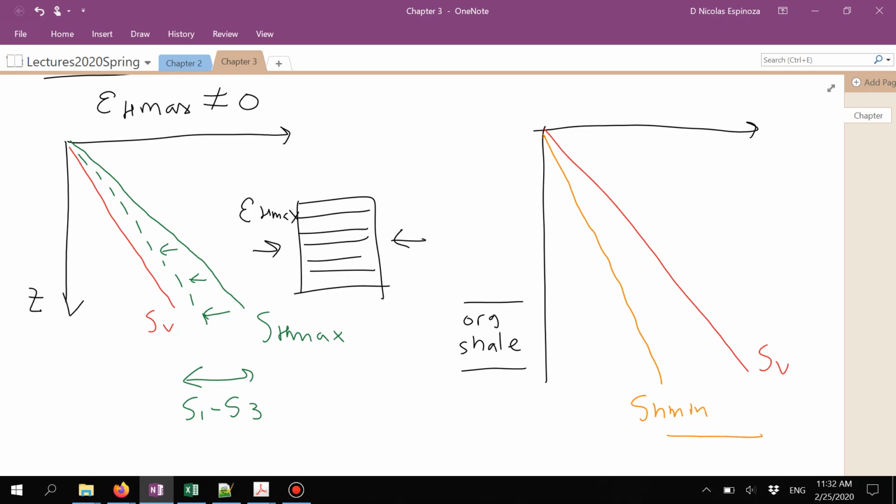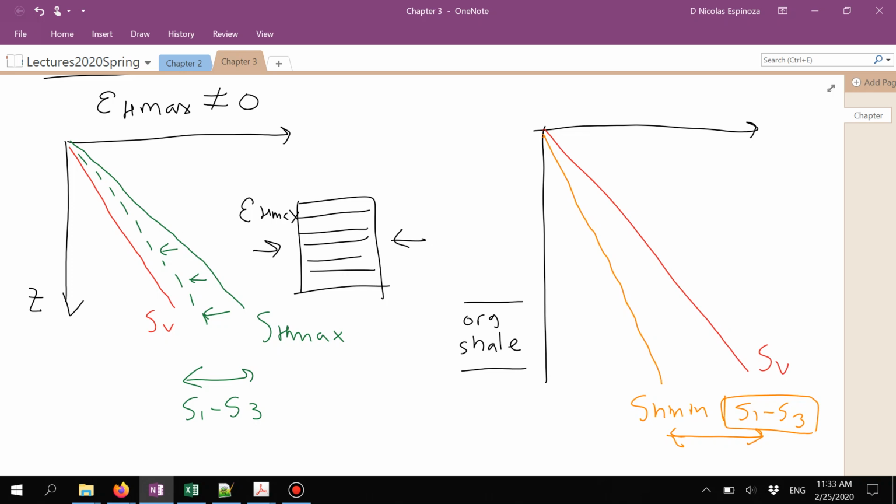Now the difference between the maximum and the minimum is going to be this, where S1 is going to be the vertical stress, and S3 is going to be the minimum horizontal stress. If we have an organic shale that has quite a bit of viscoelastic behavior, and let's say the other rocks do not have that viscoelastic behavior, that means that with time this stress is going to tend to be reduced.